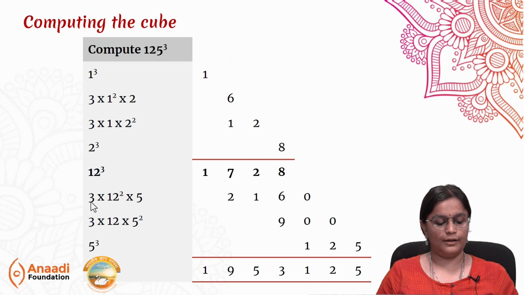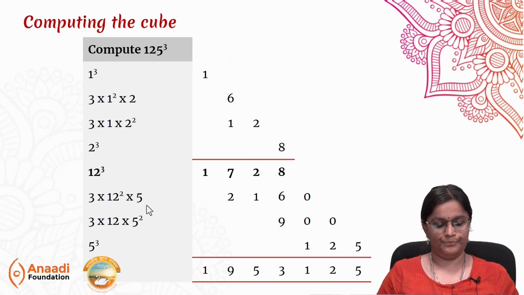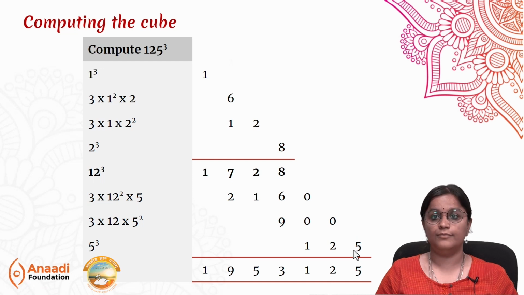Next, we calculate 3A square B as 2160. Remember again to slide along each step of your calculation. After that, we compute 3 into 12 into 5 square, which is 3AB square, 900. Finally, we take our B cube, which is 5 cube in this case, and write it as 125.